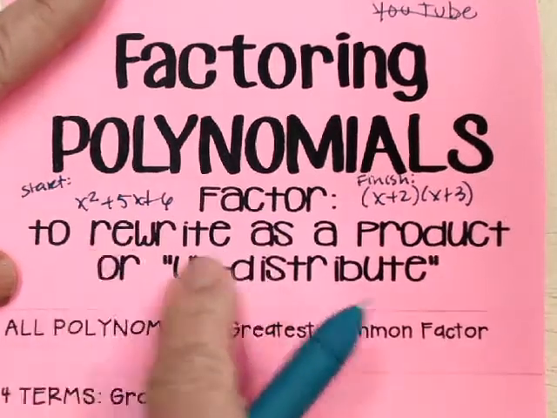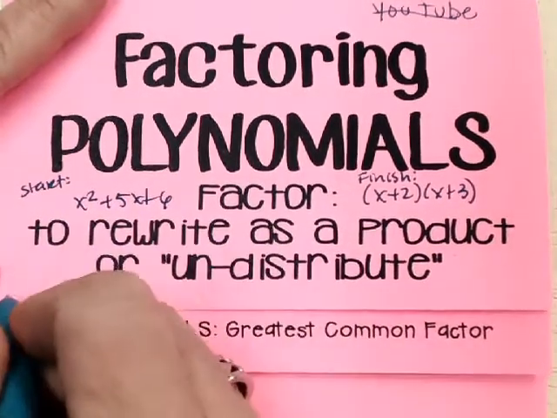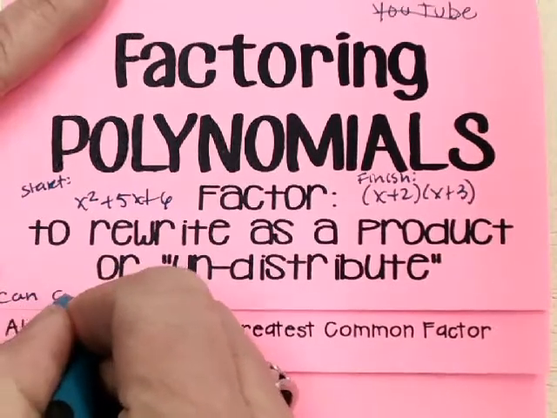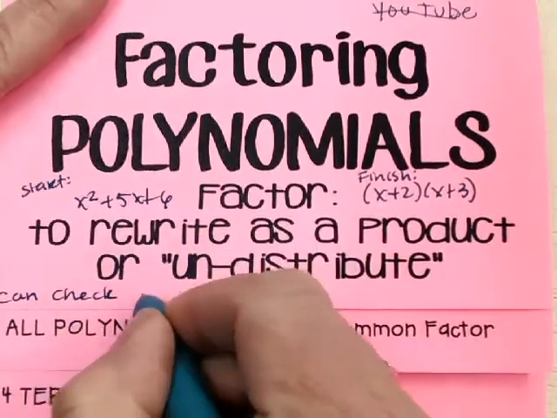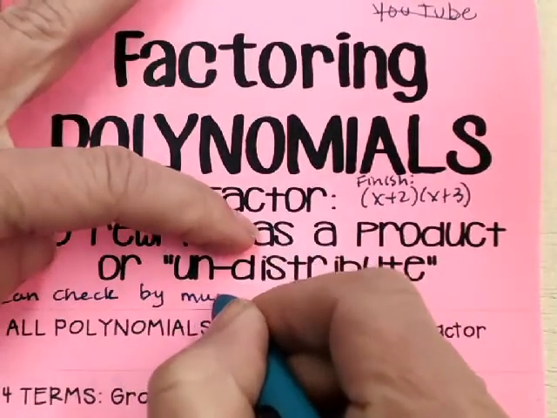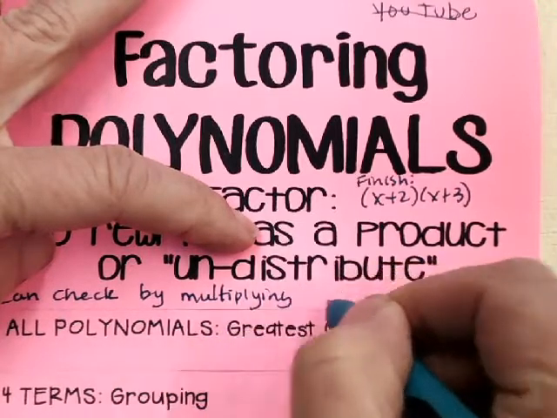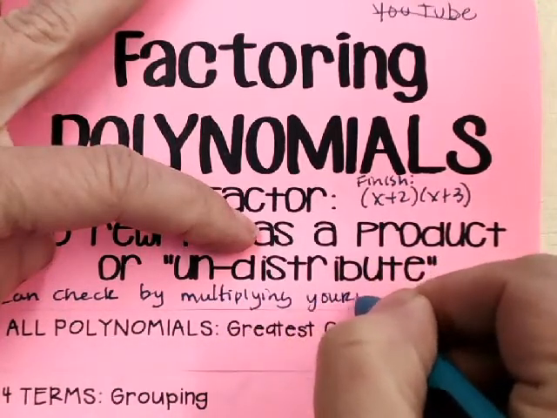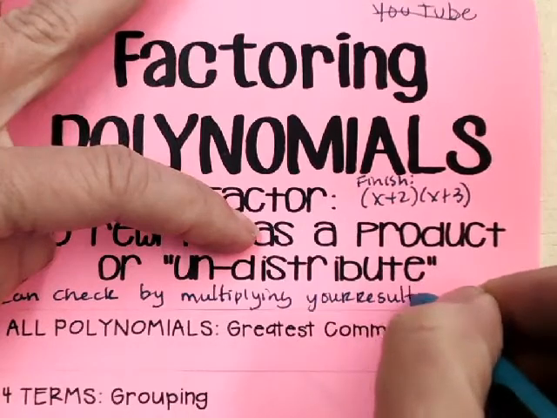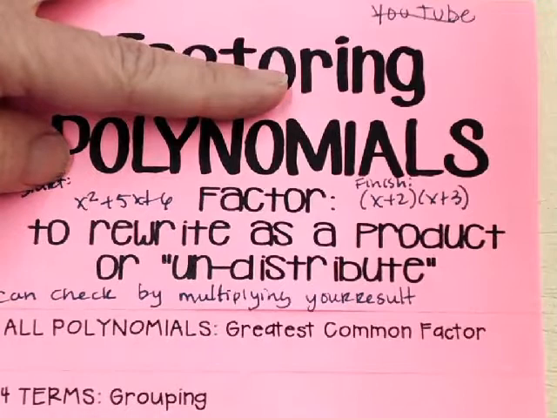And so the way you can check it, all of the factoring, you can check your answers, make sure that they're correct, by multiplying or using your distributive property. Whatever you get for your result, for your answer, if it matches what you started with, then you did it right.